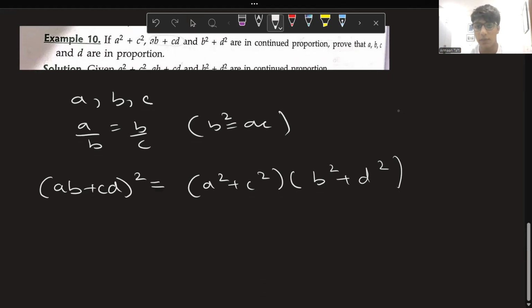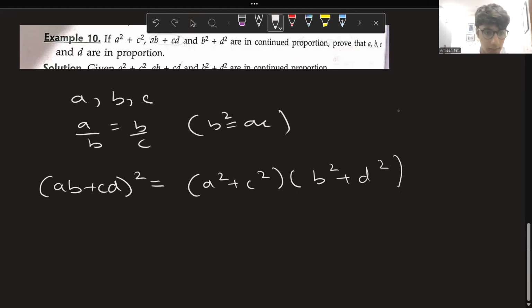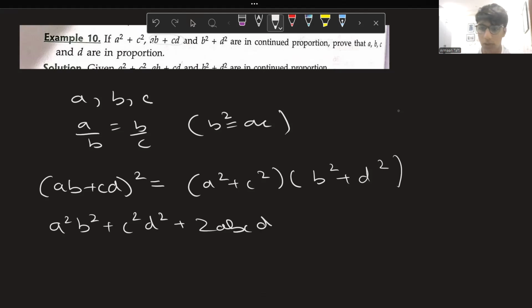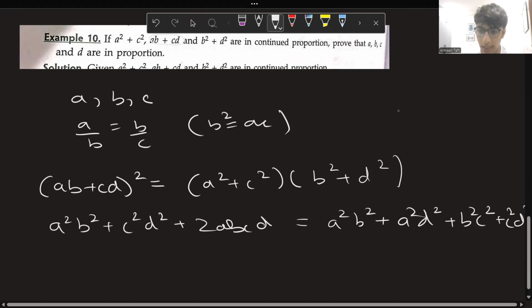right? And now once we further simplify this and solve it, we get a square b square plus c square d square plus 2abcd, applying a plus b whole square, which I'm sure you guys already know. And if we simplify this, we get a square b square plus a square d square plus b square c square plus c square d square, right?